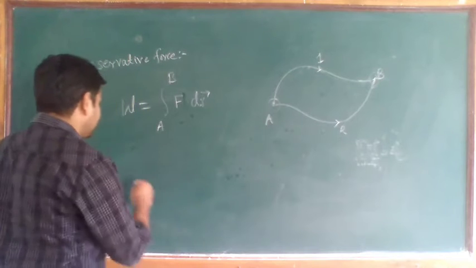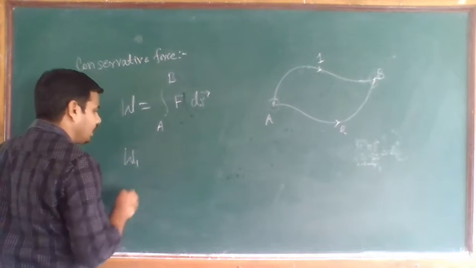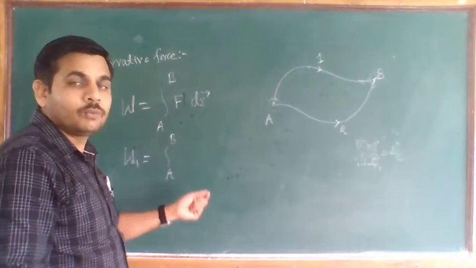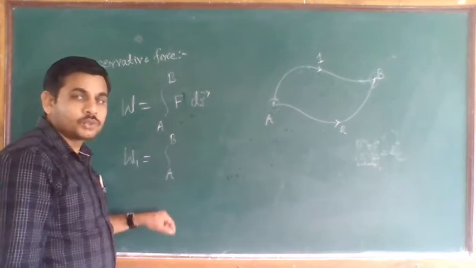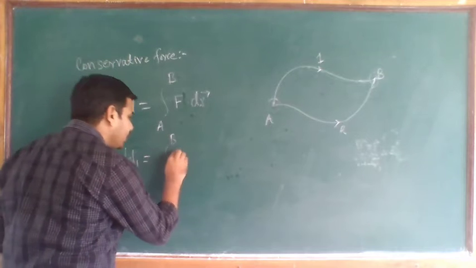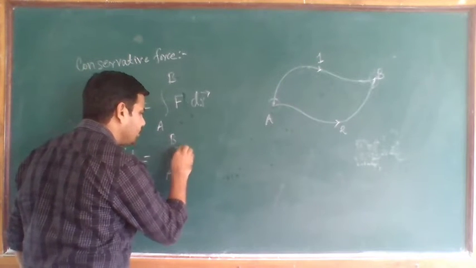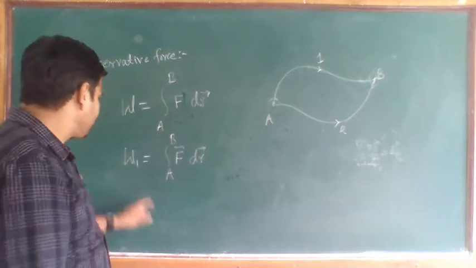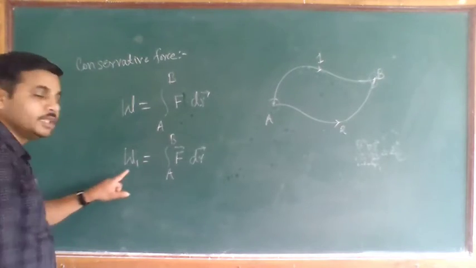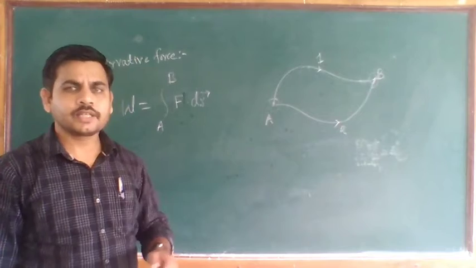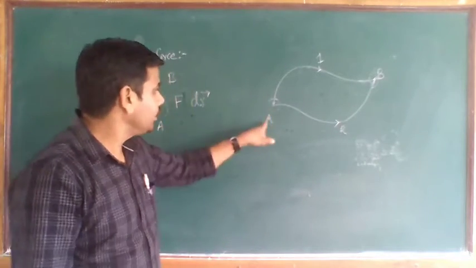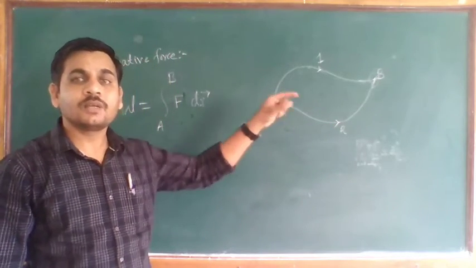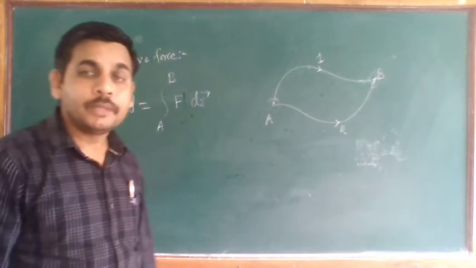In that condition the work done is W1, which is the integration from A to B, where the particle moves from position A to position B with application of this force, changing its position by a small dr. So along the path 1, the work done is W1.